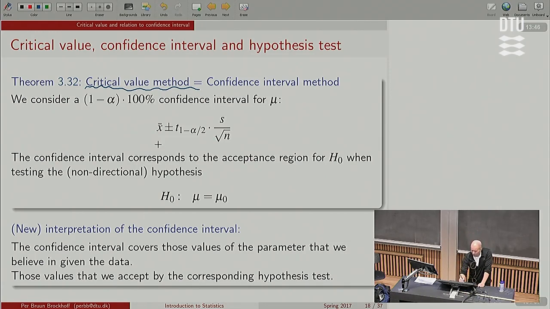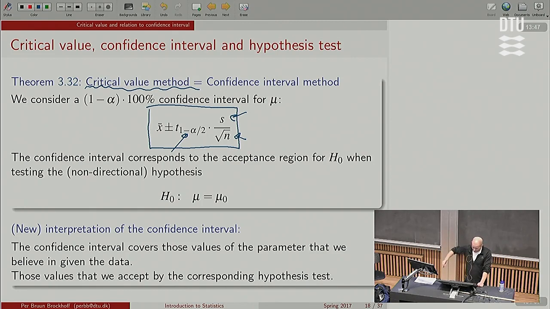And to be just a little more explicit, here I hope you can recognize the confidence interval formula that you were taught last week. It is the mean plus minus the t quantile times s over root n, the standard error of the mean, approximately plus minus 2 standard errors of the mean.